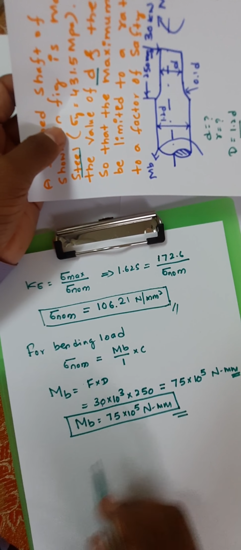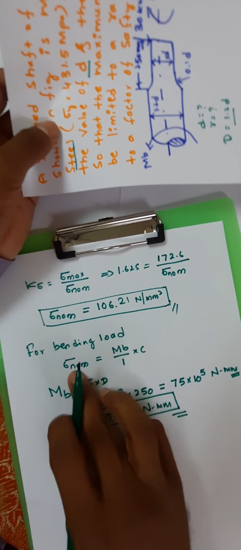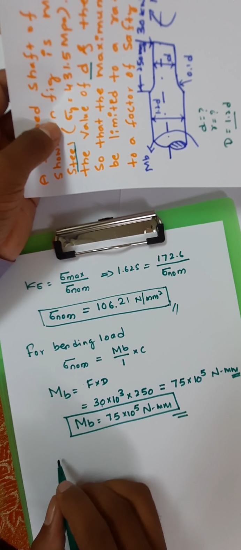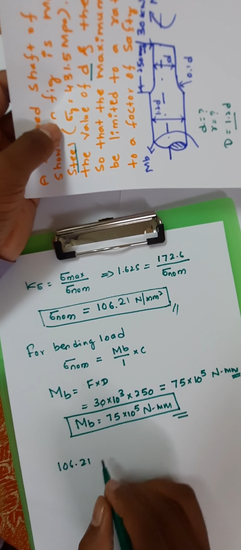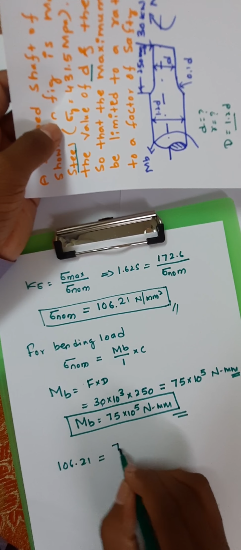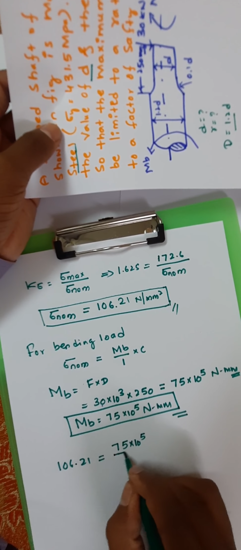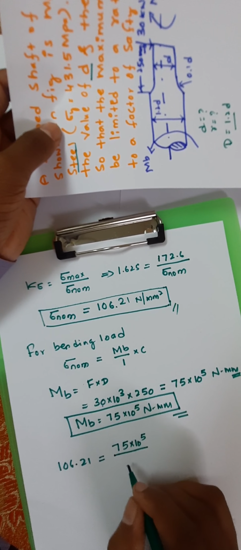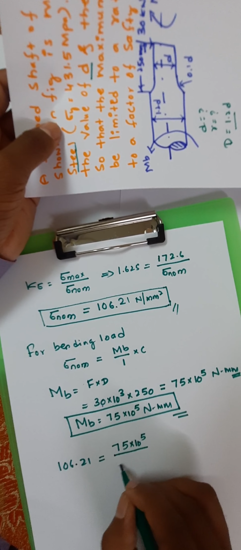Same thing, if you substitute all these values into this equation, we know the nominal stress for bending load is 106.21, equal to Mb, which is 75 into 10 to the power 5, divided by I. What is the I? Moment of inertia, pi d cube divided by 12.